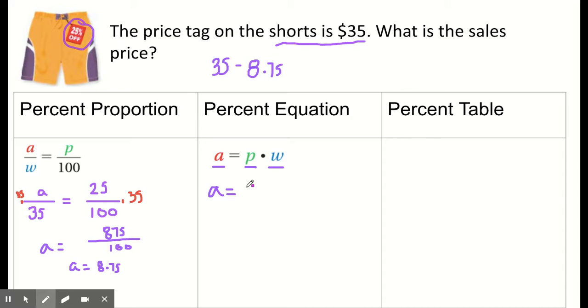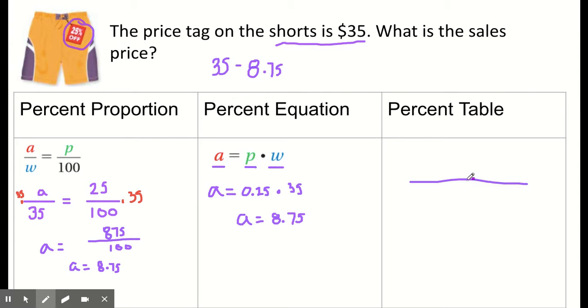The percent, we're going to write it out as a decimal. So 0.25, and then we're going to multiply that by the whole. Do a couple quick calculations, and I'm using the calculator, and I could see that this sale is going to be $8.75. So again, we just were able to get to the same exact answer.